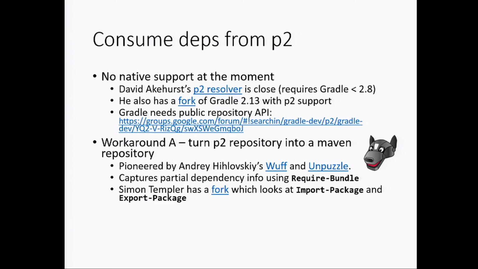That said, we used Woof and Unpuzzle originally. They're pretty monolithic, so you tend to get the whole kitchen sink when you use them. And they also don't support full P2, so they can't download from a composite repository. For any P2 repository in general, you need to download a zip file of a bunch of jars. So you can't get the latest and greatest Eclipse versions that way.